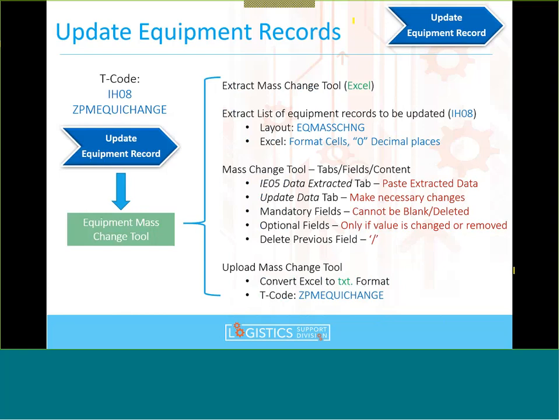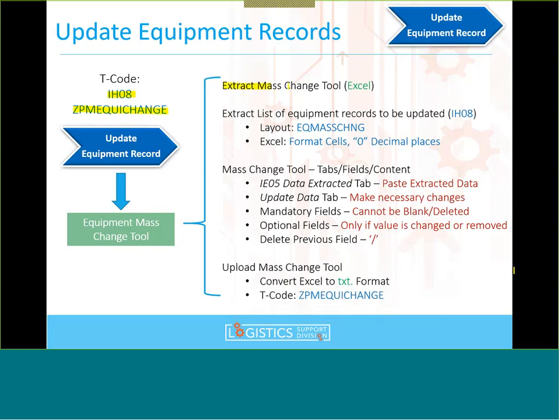We directly focused on just the equipment mass change tool and how to extract the Excel, go to the T-code, extract the equipment that we needed with IH08, and then again, go to the T-code below to upload this text file that was generated from the Excel. So I think we're all a little more familiar with this process. Nevertheless, let's go over point by point.